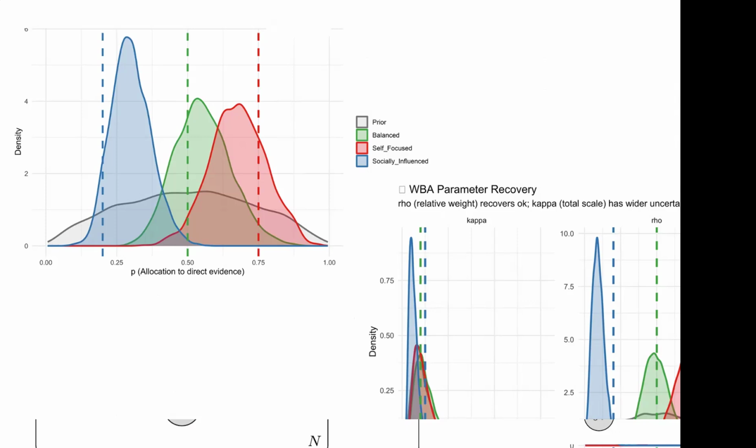It's not spot on, but it captures the sequence. If we look at the kappa, it's crap, right? So now we know that our smart mathematical trick in itself helps us recover the weights, the relative weights, but we cannot really recover the total amount of evidence.